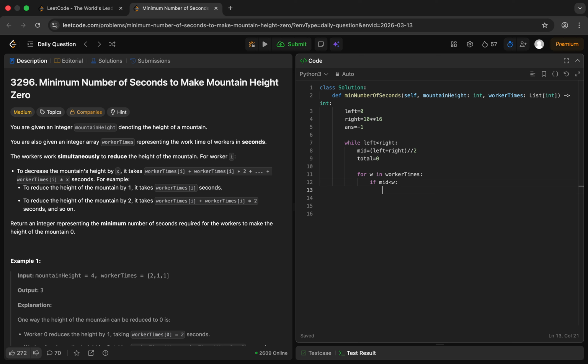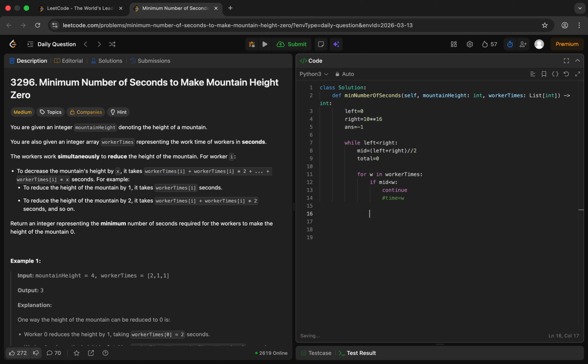That means simply continue. Why continue? Because even to reduce 1 unit of height the time is equal to w, but here the given time is less than w, so simply continue as it can't reduce any height.